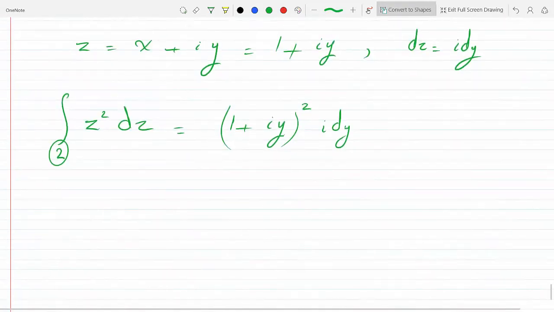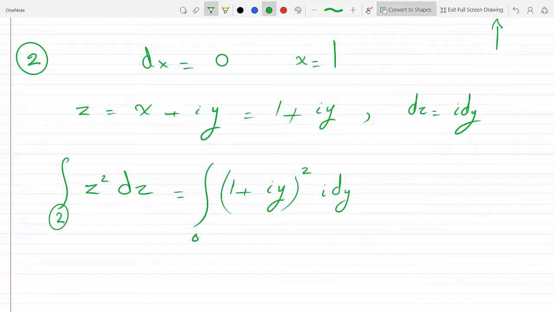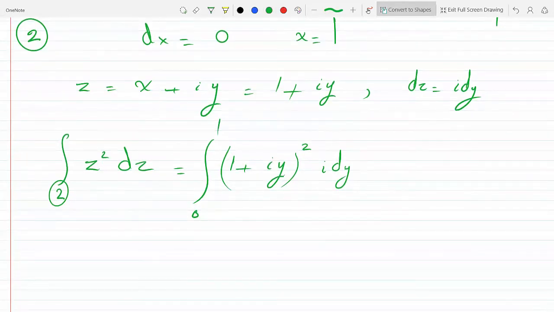Yeah, so this is varying from 0 to 1. Okay, and then if we just carry over the integration, so this will be 1 plus 2iy plus i squared becomes minus 1, so this is minus y squared.